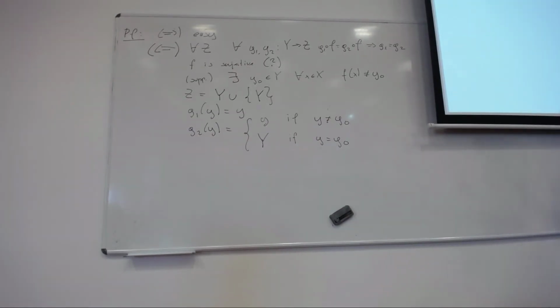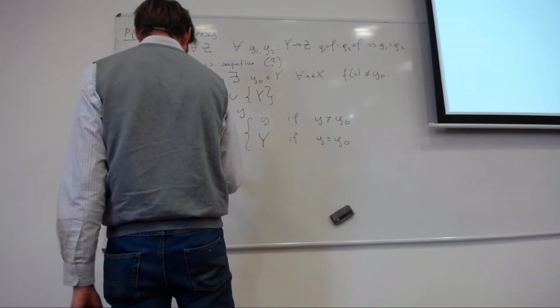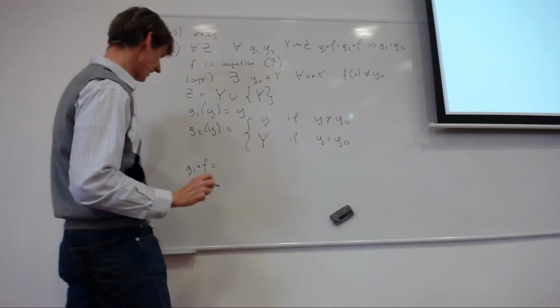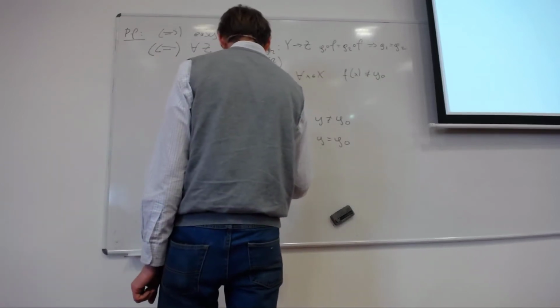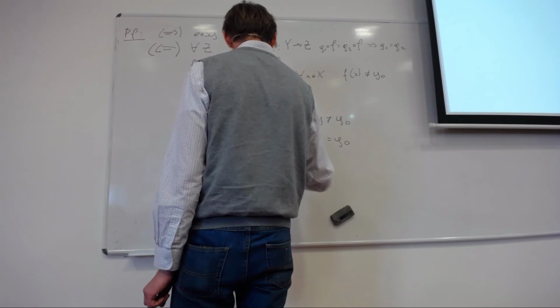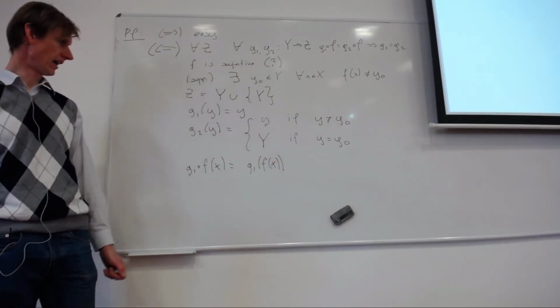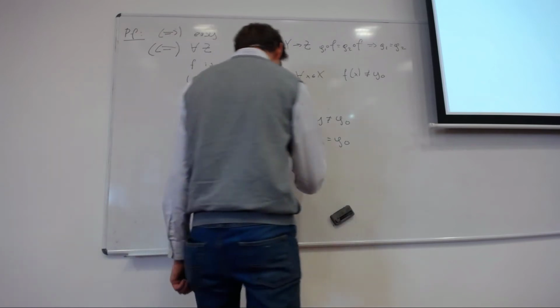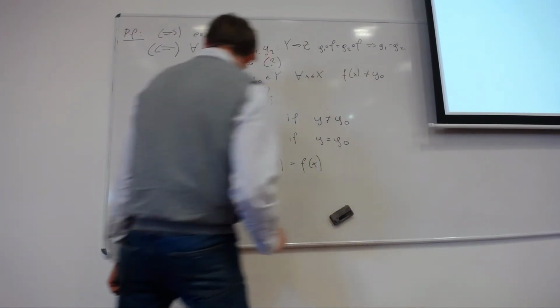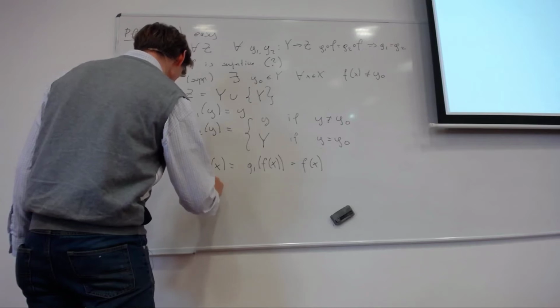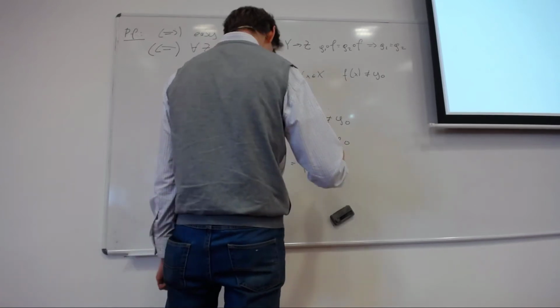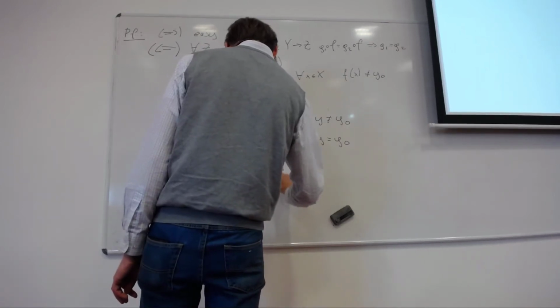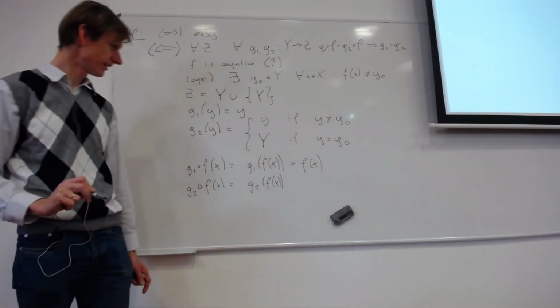So what happens now? G1 composed with F on any element of X is just G1 of F of x, so this is just F of x. And G2 composed with F of x is just G2 of F of x.